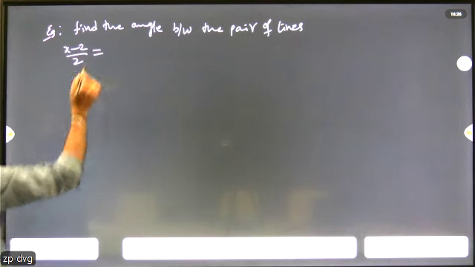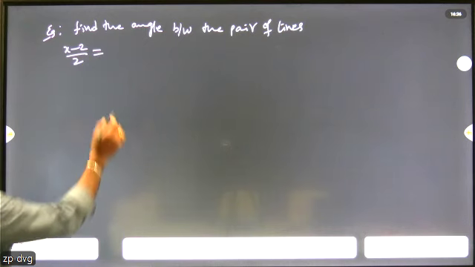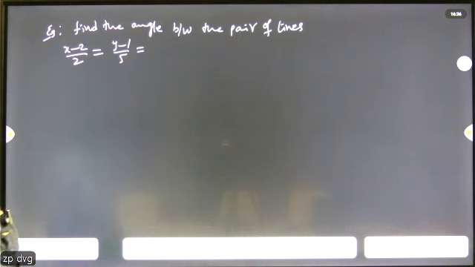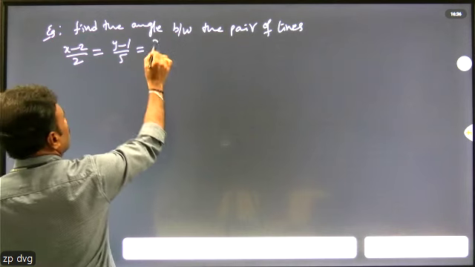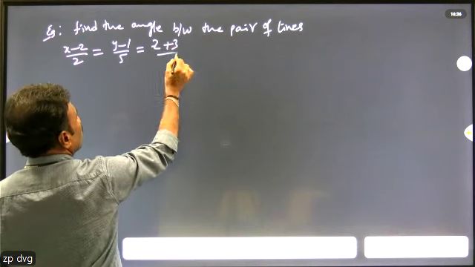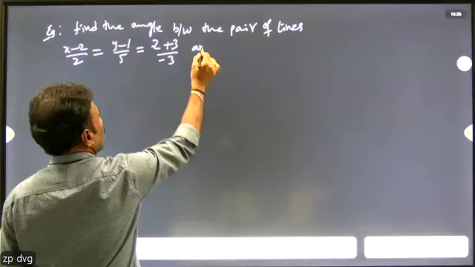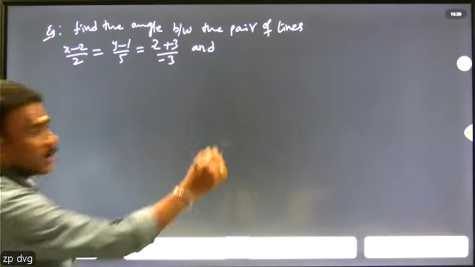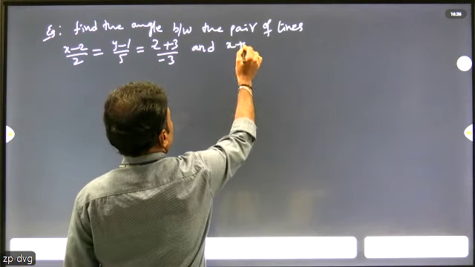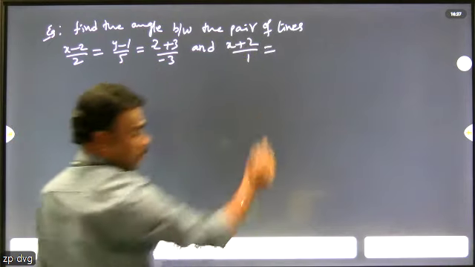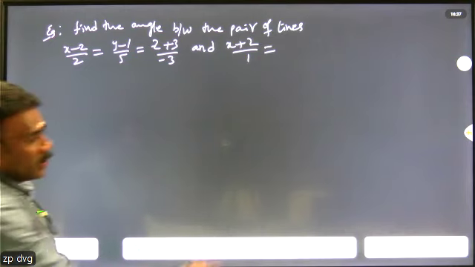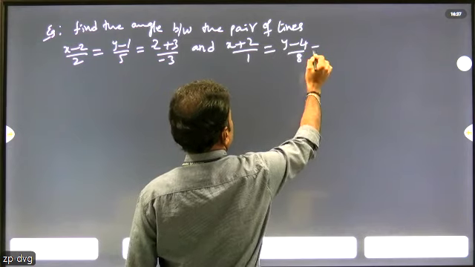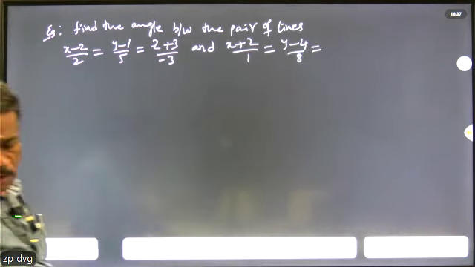x minus 2 by 2 is equal to y minus 1 by 5 is equal to z plus 3 by minus 3, and another line is given: x plus 2 by 1 is equal to y minus 4 by 8 is equal to z minus 5 by 4.